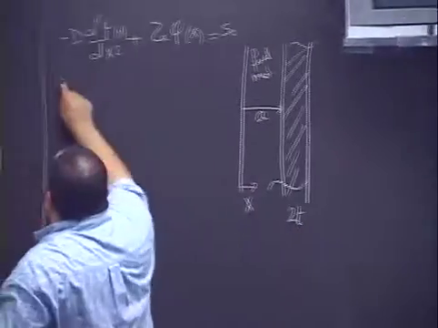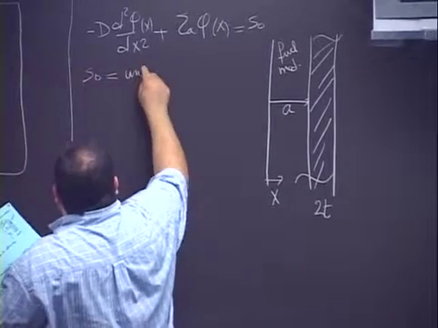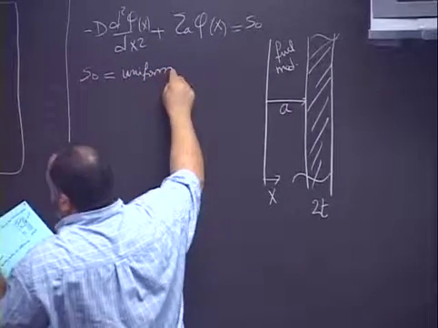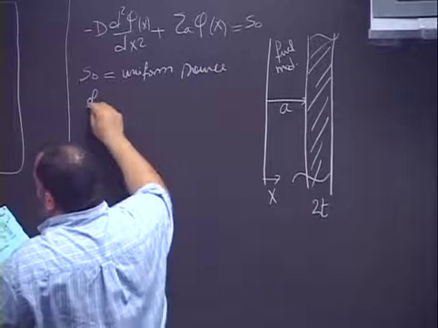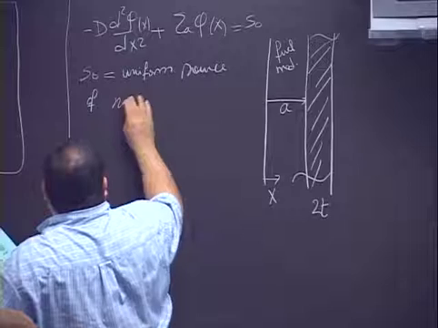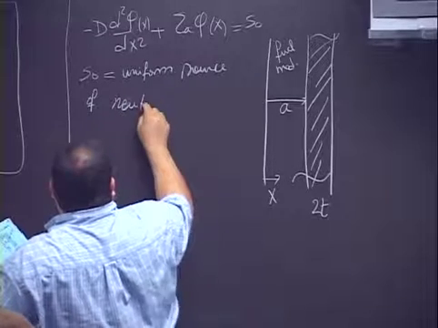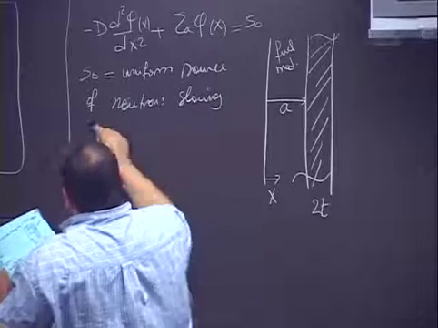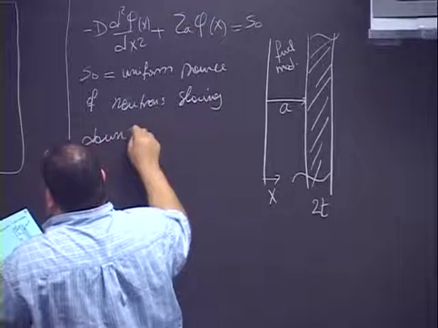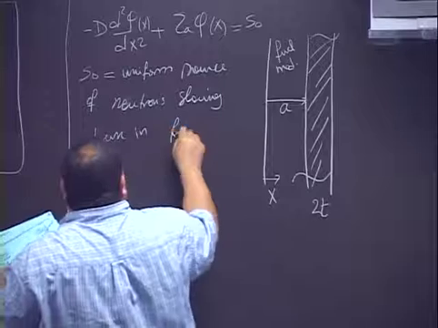So you will have S naught, which is just a uniform source of slowing down neutrons in the fuel moderator region.